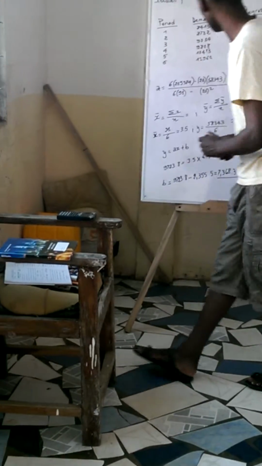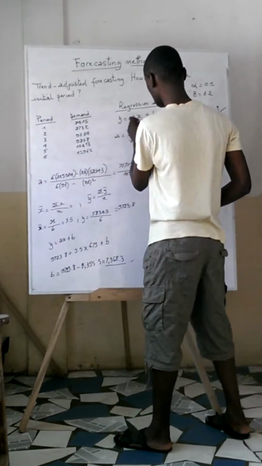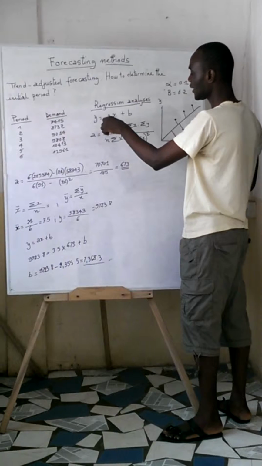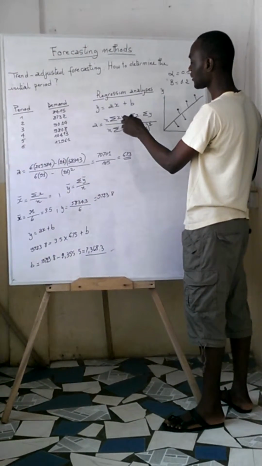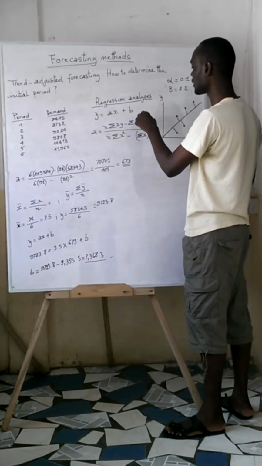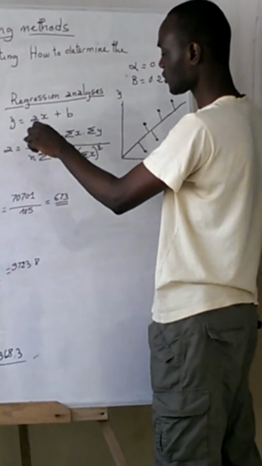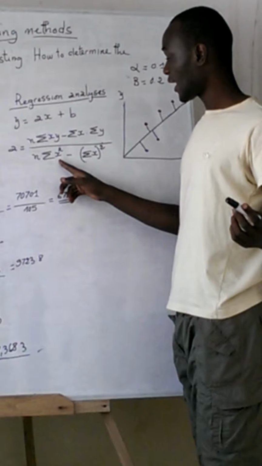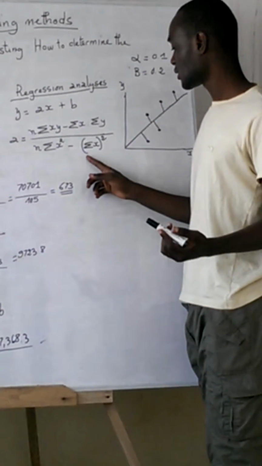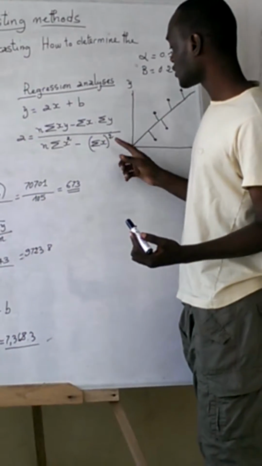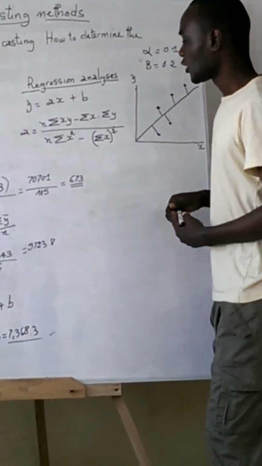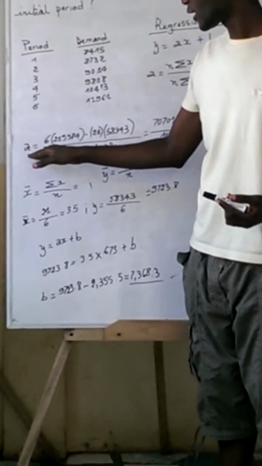As you can see right here, as the formula states, we have n times the sum of xy minus the sum of x times the sum of y, divided by n times the sum of x squared minus the sum of x, all squared. Calculating this, we got this.